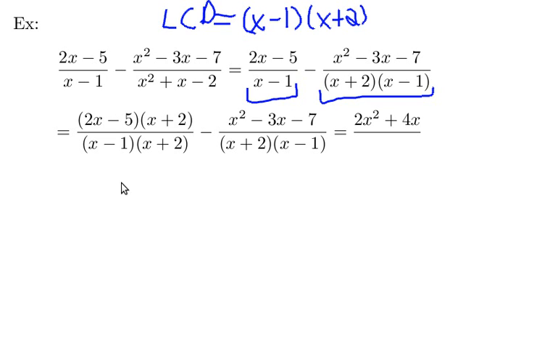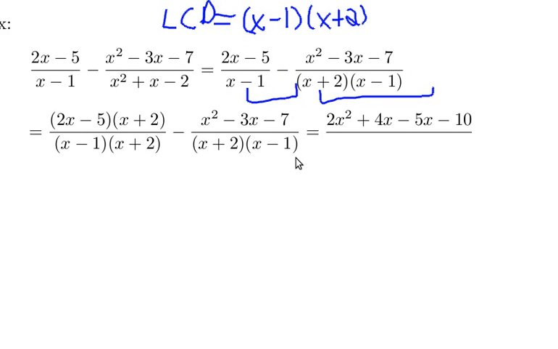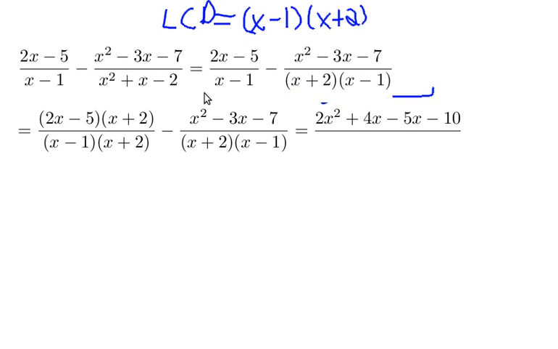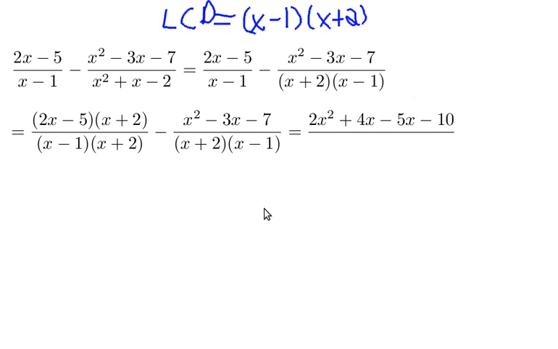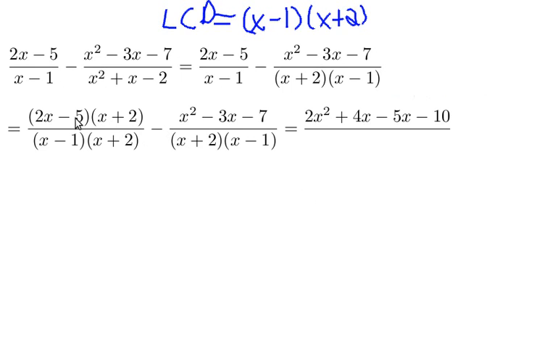Plus 4x minus 5x minus 10. Okay, I'm gonna have to move this to the left a little bit. And then you'll still have it over x minus 1, x plus 2, and then you'll have the same fraction on the right.